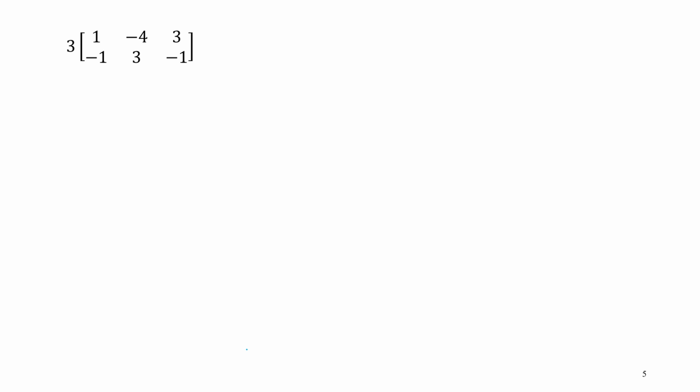We have 3 times this matrix, and we're going to distribute this 3 into the matrix to give us our answer. So in row 1, we have 3 times 1, 3 times negative 4, 3 times 3, and then we go down to row 2, where we have 3 times negative 1, 3 times 3, and 3 times negative 1.